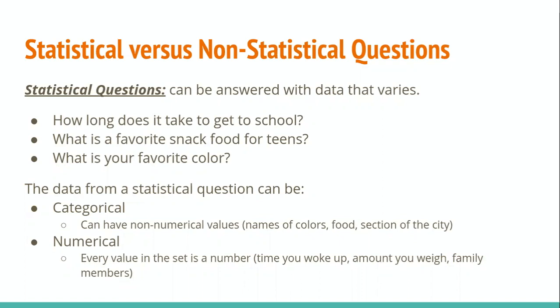So now, if a statistical question can be answered with data that varies, what do you think a non-statistical question would be? The answers that are what? Where the data?